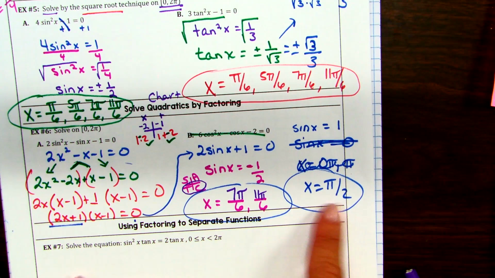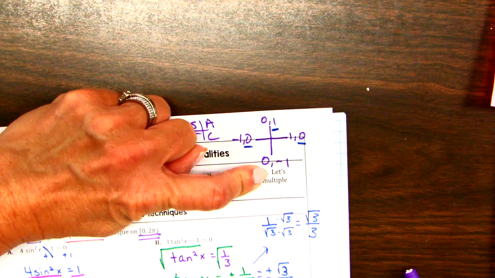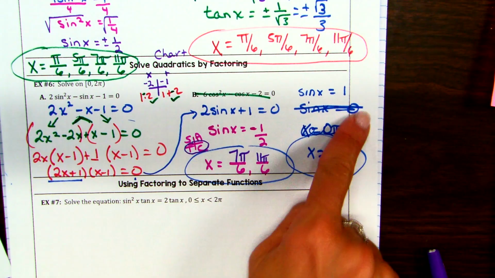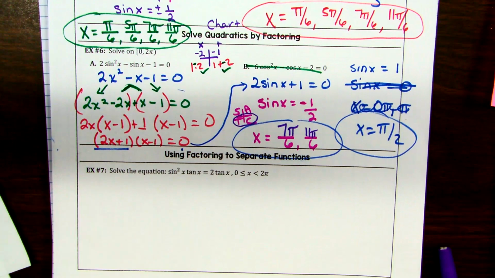Sine is fine at pi over 2, and cosine, but remember, at pi over 2 and 3 pi over 2, tan is undefined. You will never have a solution set that contains the word undefined. It doesn't make sense. There's an asymptote there. It's not a solution. It can't be. So we would have crossed that out if either one of these had been a tan, okay? So if you don't know what I'm talking about, that was something we did yesterday.